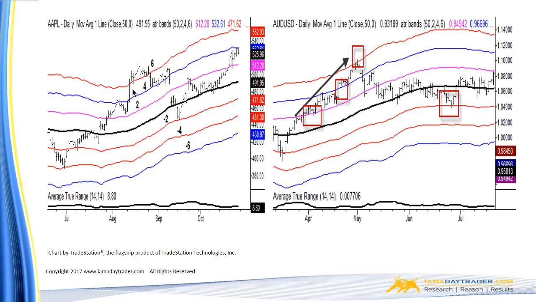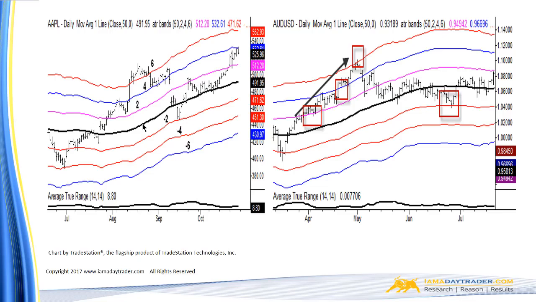And you can see that when prices get above 6 average to range, prices begin to have a larger correction in regards to the trend. Now notice average to range rise of 2, 4, and 6 average to range. So as you can tell, on Apple, it got overbought at basically 6 average to range above the 50-period simple moving average.